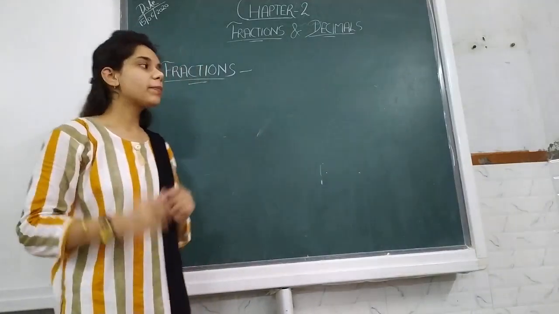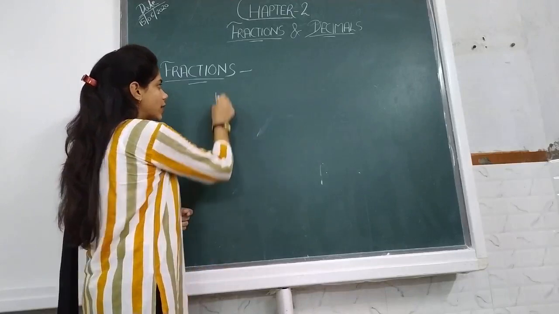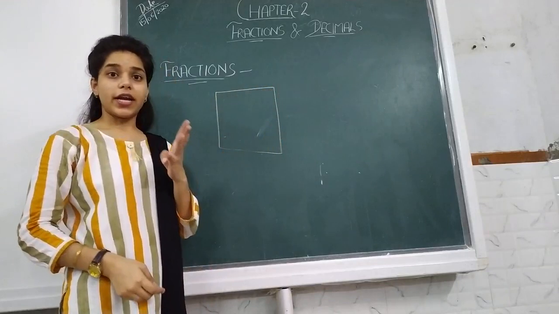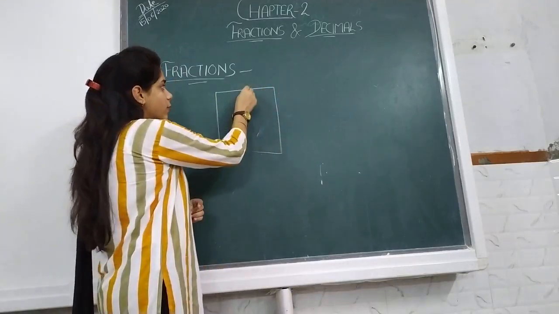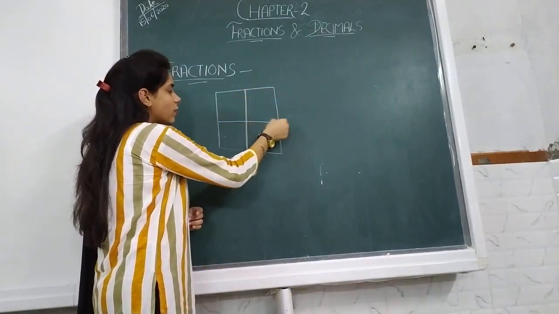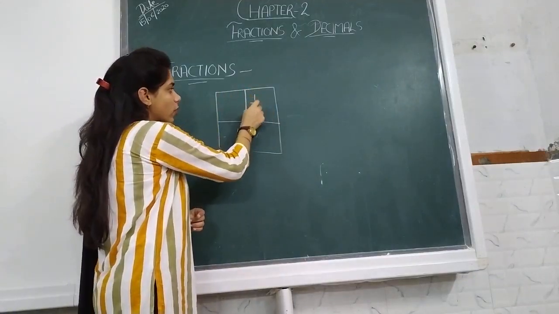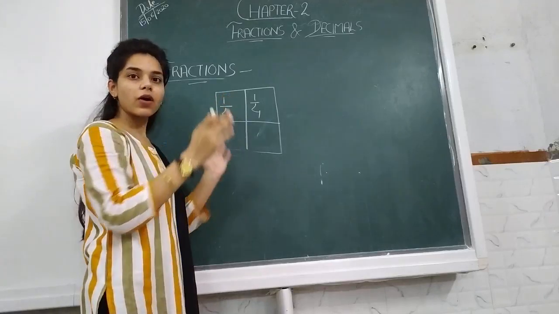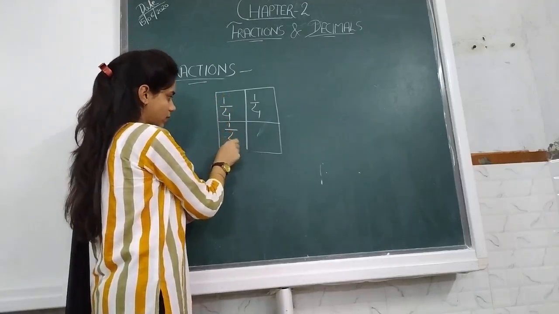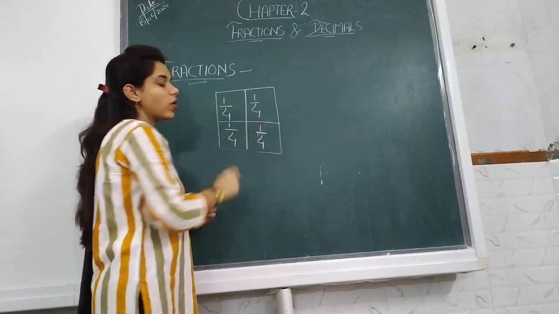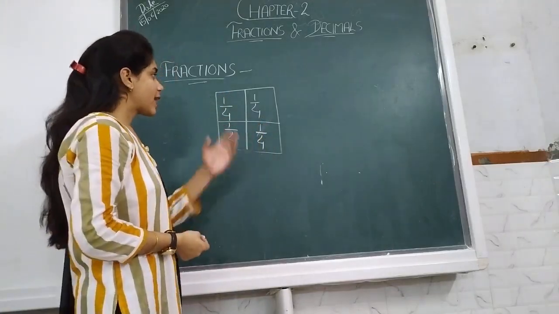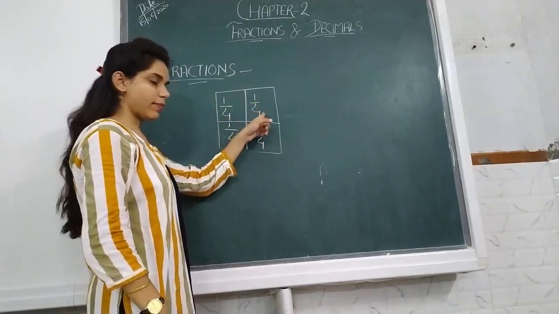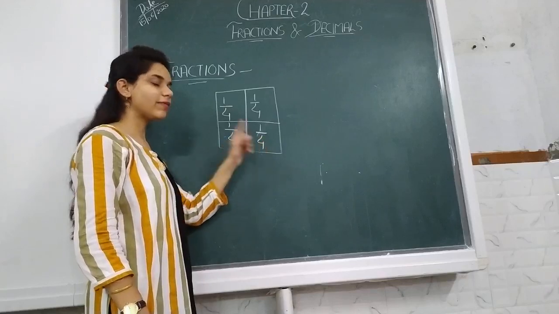If you have a chocolate and you want to share it with your friends, and you are making 4 equal parts of it, the first part will be 1/4 of the whole chocolate. The second part will also be 1/4 of the whole chocolate, and the third and fourth parts too. So if we are making equal parts of a chocolate, it will be 1/4, 1/4, 1/4, and 1/4.